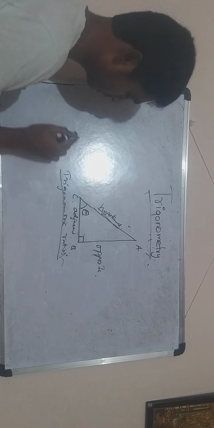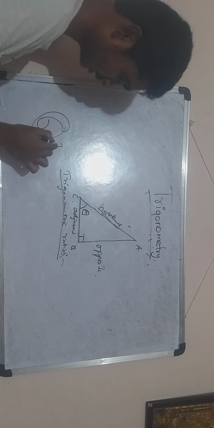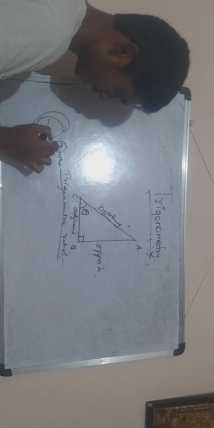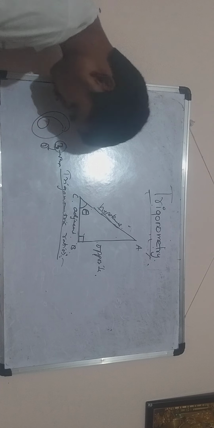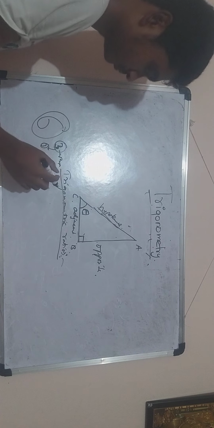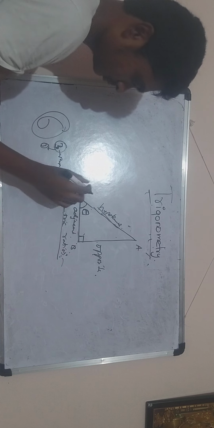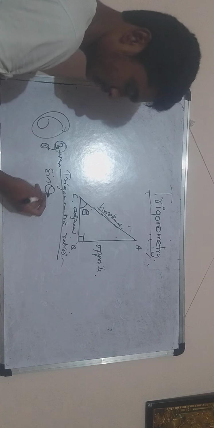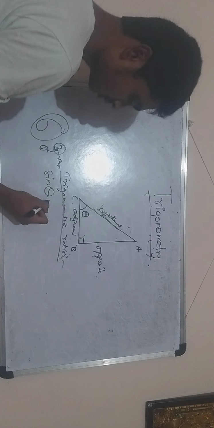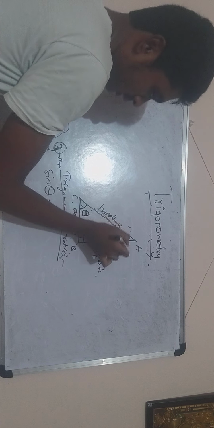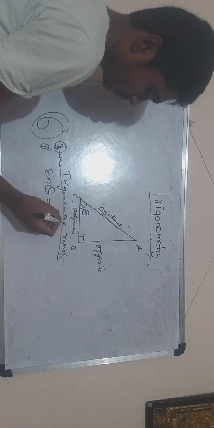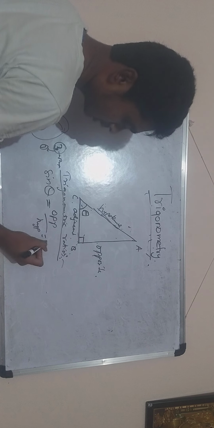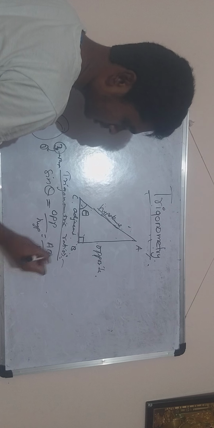There are six trigonometric ratios, of which three are proper and the other three are reciprocals of those. The first is sine theta, written as sin theta. It is the ratio of the opposite side to the hypotenuse, which is AB by AC in this case.